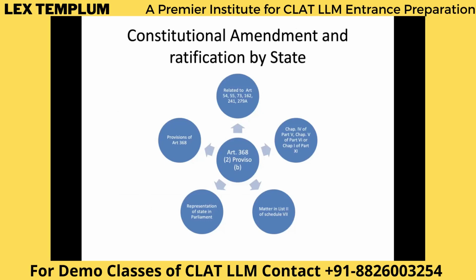The proviso to Article 368 Clause 2 says certain types of constitutional amendments need ratification by at least half of the states before the amendment gets presidential assent. And what are these? First, the amendments affecting Articles 54, 55, 73, 162, 241, and 279A.